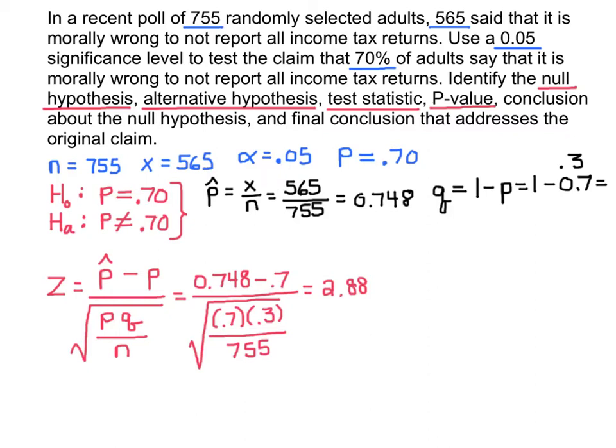So to understand this, we have to think about whether this is a one-tailed test, a two-tailed test, or a three-tailed test. Well, when we look at our hypothesis, when our null hypothesis is equal and our alternative hypothesis is not equal, that's the clue. Not equal means it's a two-tailed test.